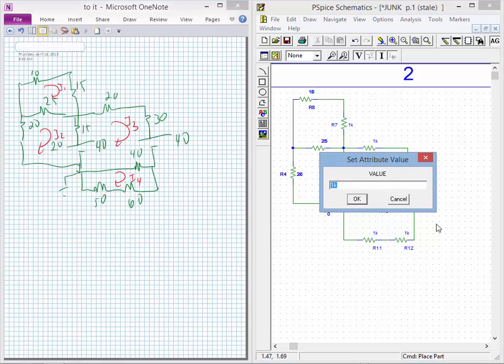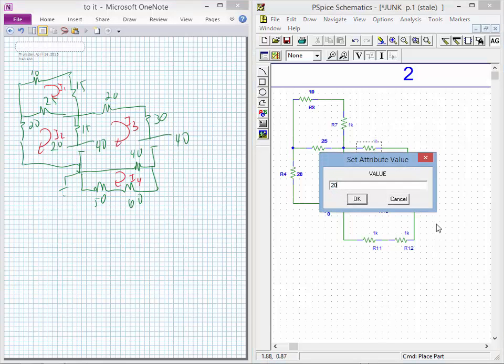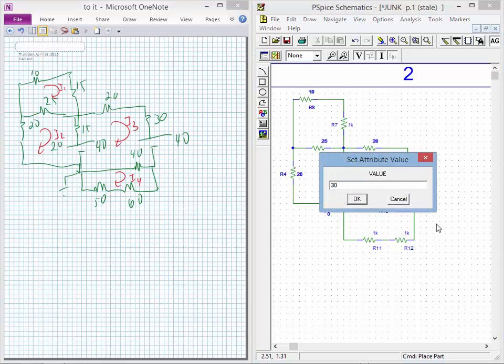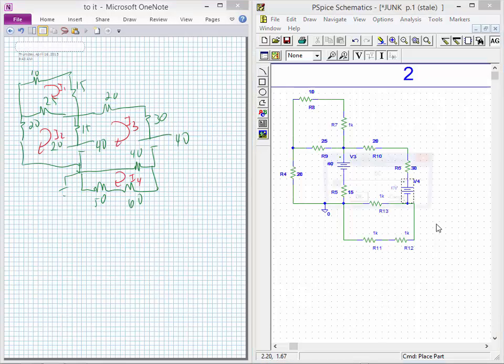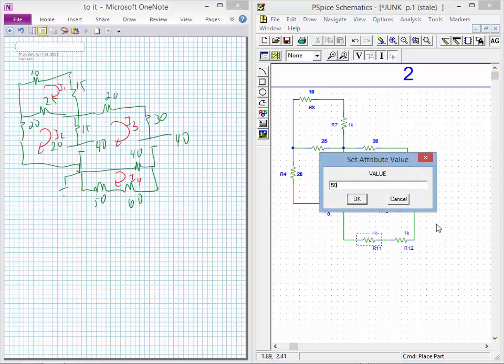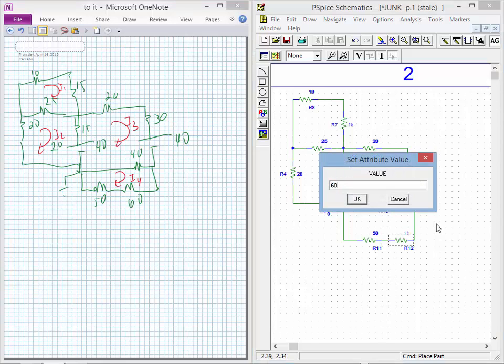This is 15. Actually, those are reversed, aren't they? Everyone see that I've reversed these two. That doesn't make a difference. They're in series. We can leave them out there. This is 30. This is also 40. 50. 60.